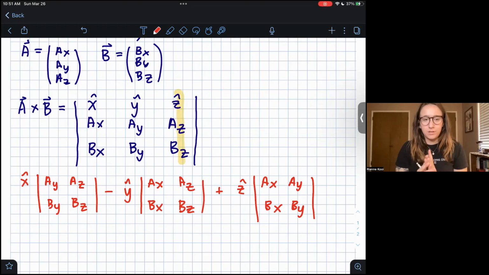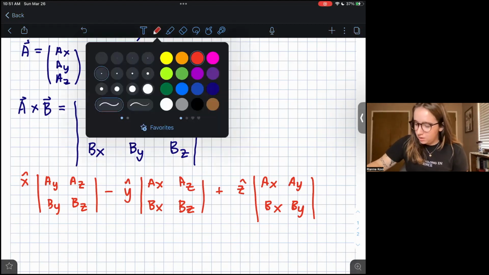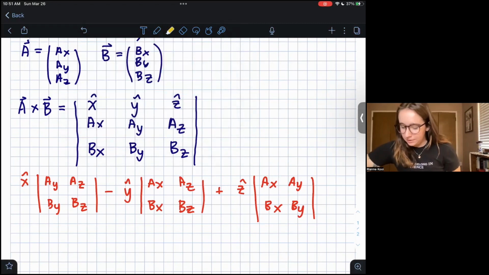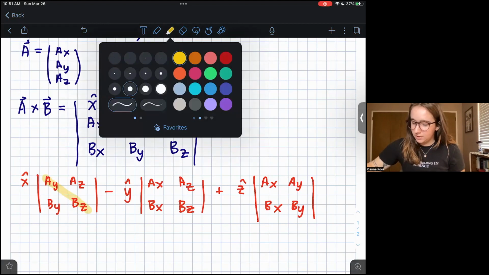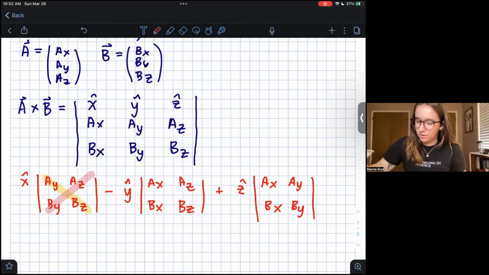So now we want to find the determinant of each of these little 2x2 matrices that I made. The way you do that is you multiply these two together and subtract it from these two.